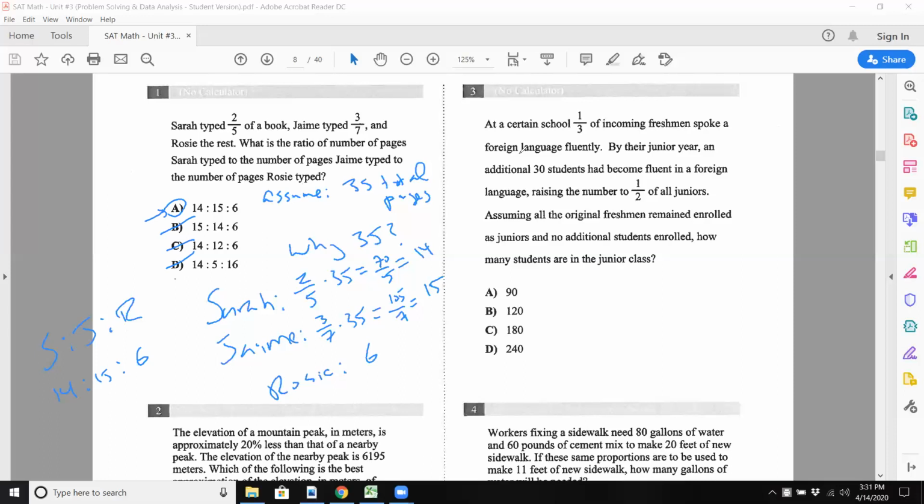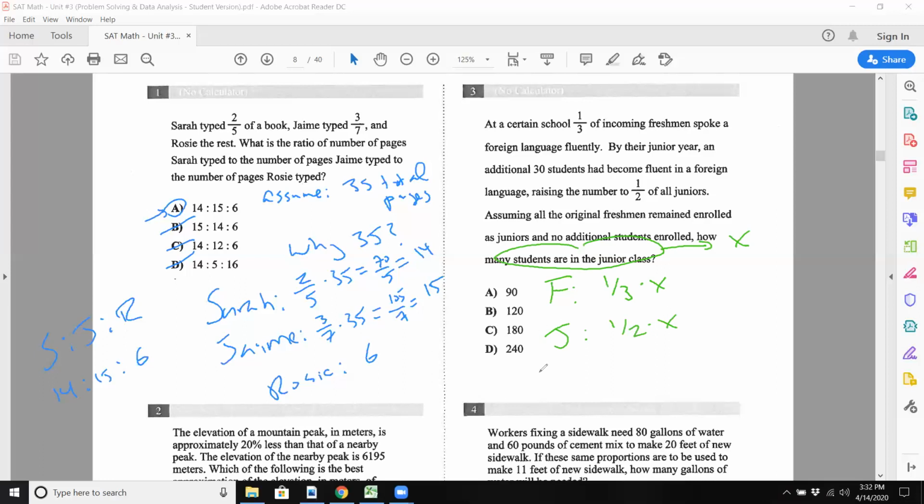Like say it's the class of 2023, and when they're freshmen, X will be the number of students. When they're juniors, half of them now speak.